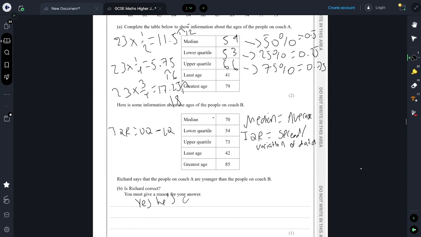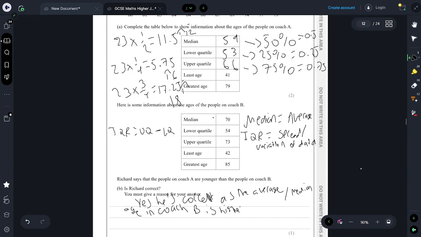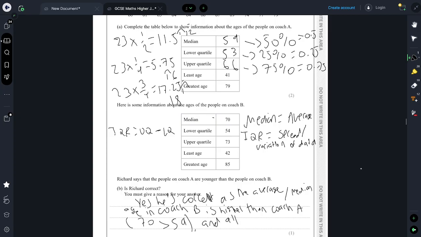Yes, he's correct, as the average, slash median, age in Coach B is higher than Coach A, which is 70, greater than 59. And also, I guess you want to be really sure, and all data, what do you want to call it?